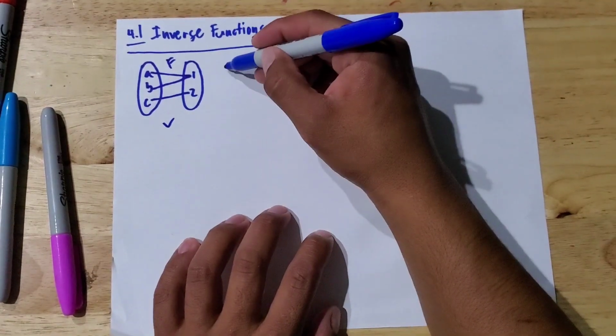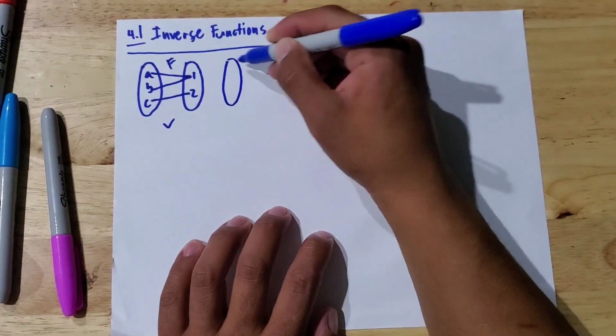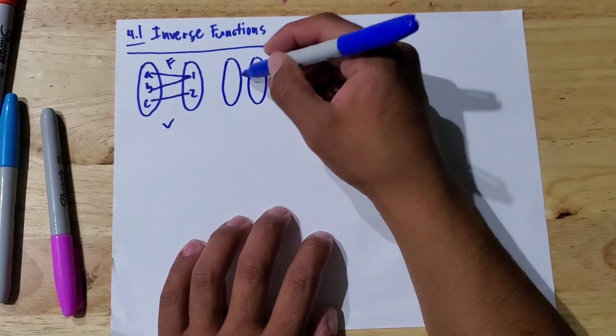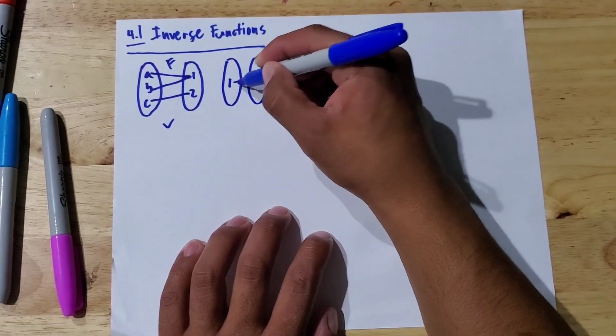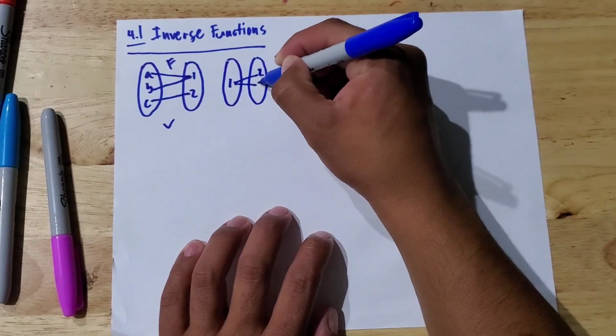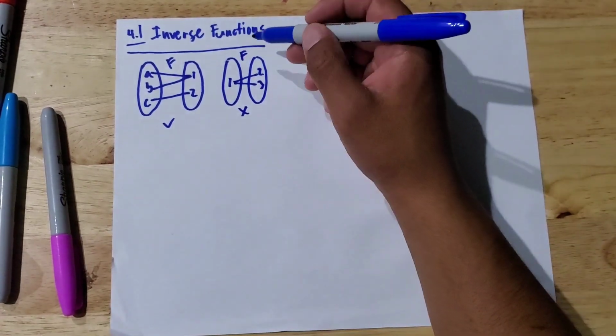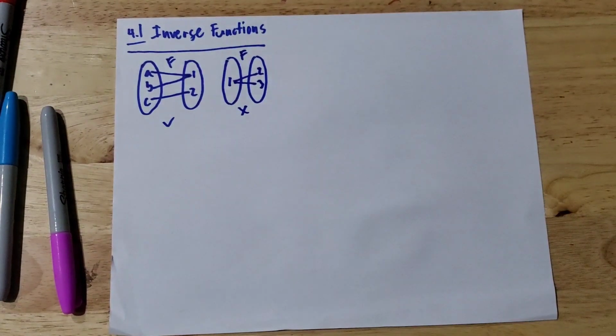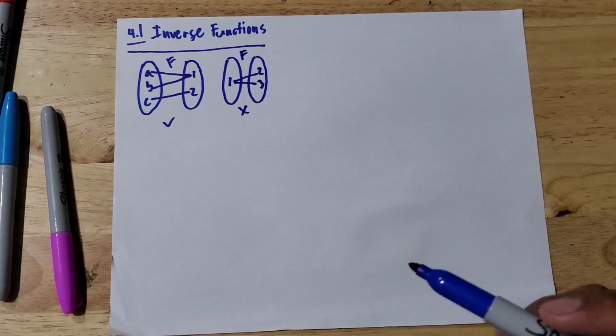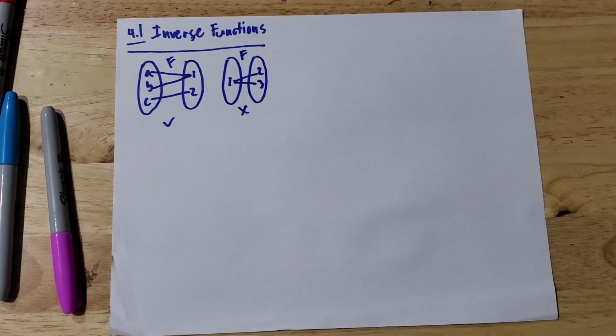But what wasn't a function was when you had one x going to two different y's. This was not a function. But now we're going to extend the definition. What I mean by that is that every member in the domain corresponds to exactly one member in the range, and we're going to say that in the other direction.